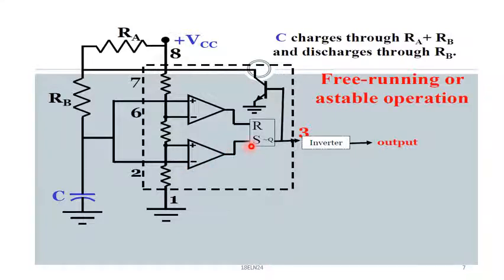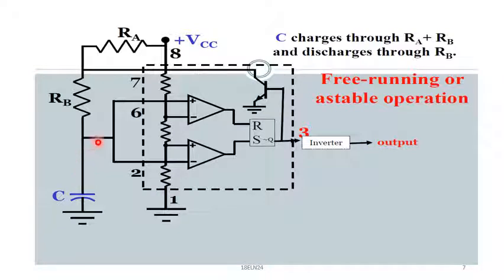R is 0 and S is 1, and this is Q bar. Q bar will be 0. That is given to the inverter, so the output will be 1. So when the voltage is less than 1 by 3 VCC, you are getting the output as 1.